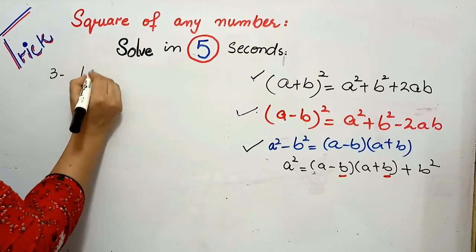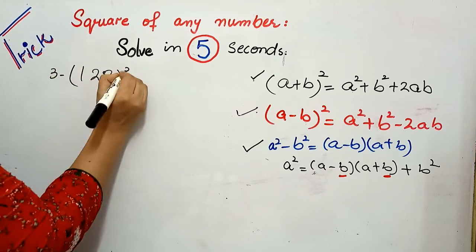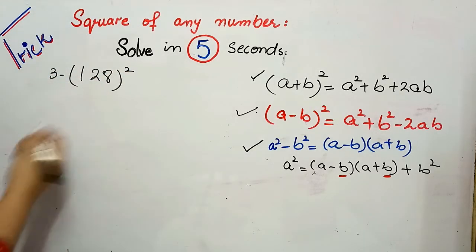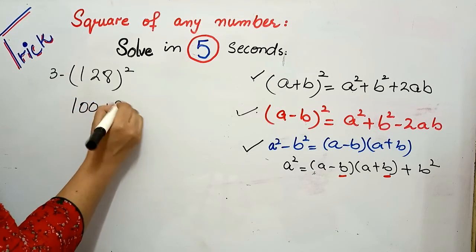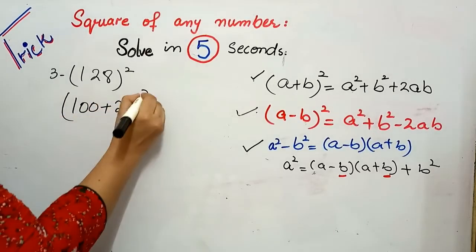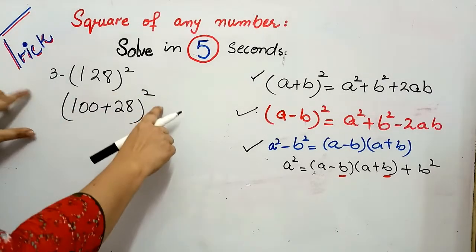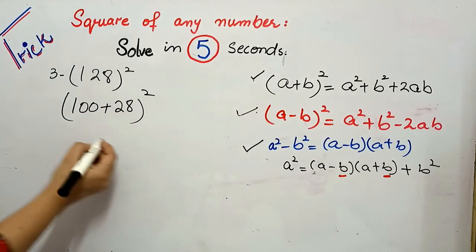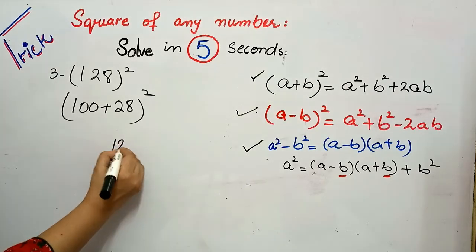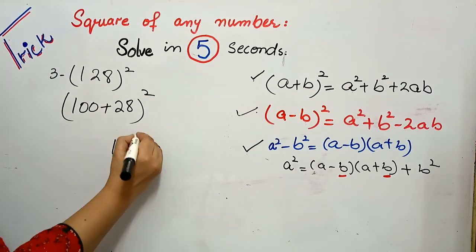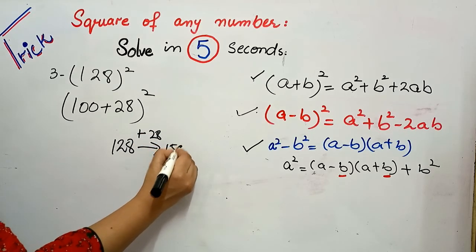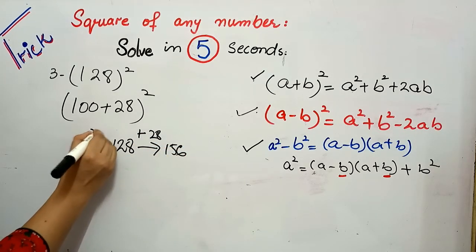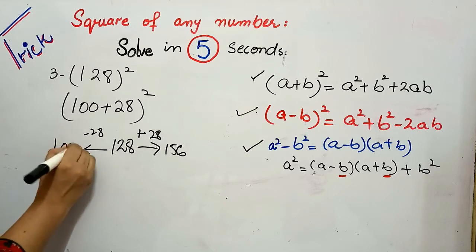If I have 128 whole square, you can do it by using the 100 plus 28 whole square method. Or you can use this method, as I am using here: 128 plus 28 is 156, and minus 28 is 100.